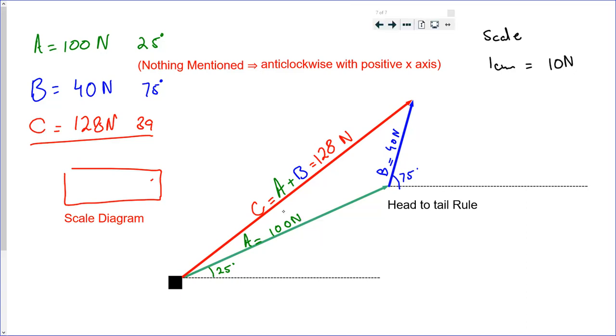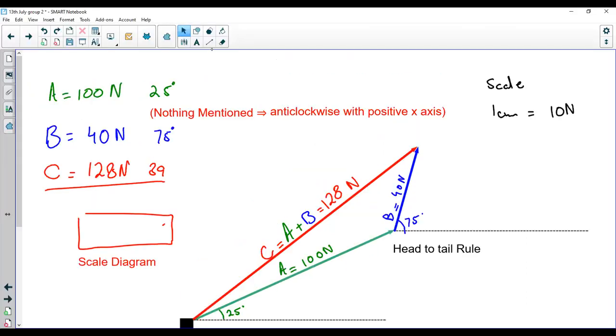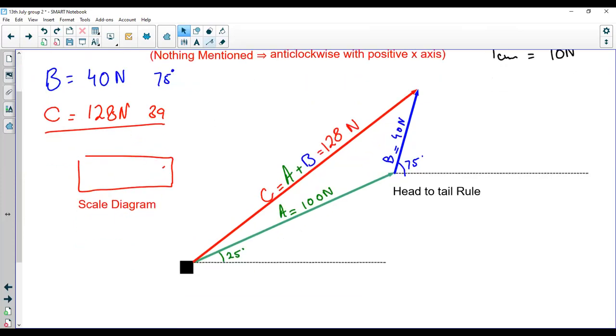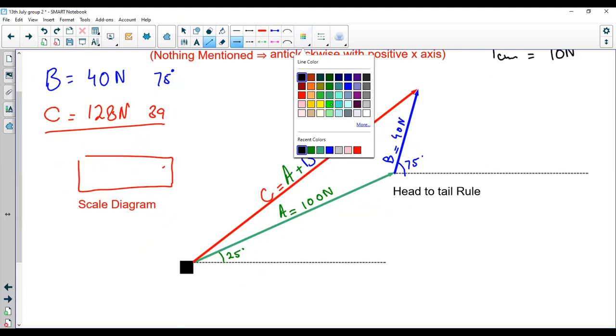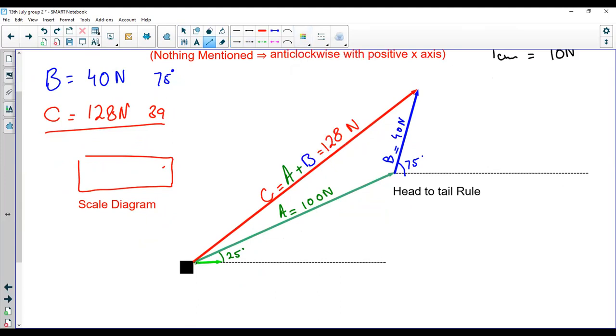So if A, the green vector, has a magnitude of 100 and angle of 25, its adjacent component will be A cos theta and the opposite component will be A sin theta. Adjacent is always the cos component and opposite is always the sine component. So that will be 100 cos 25 and that will be 100 sine 25.